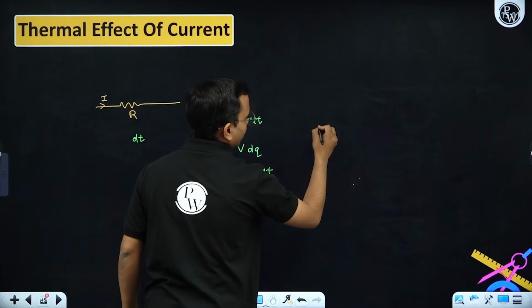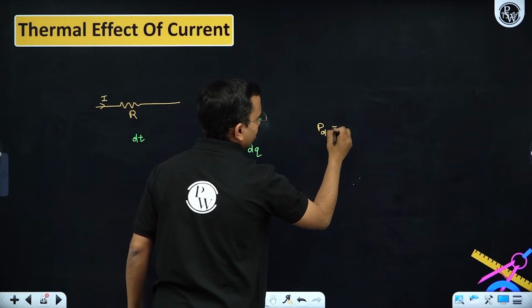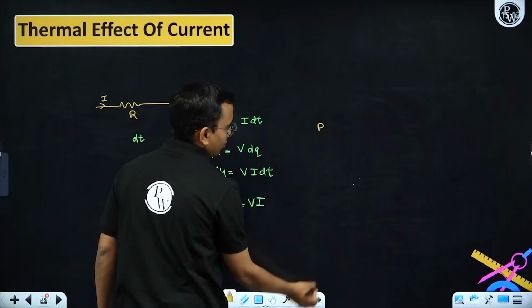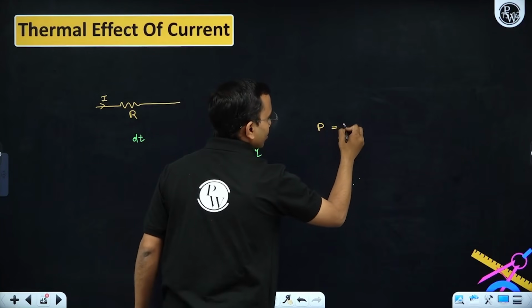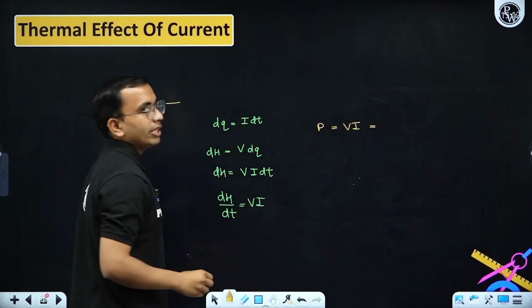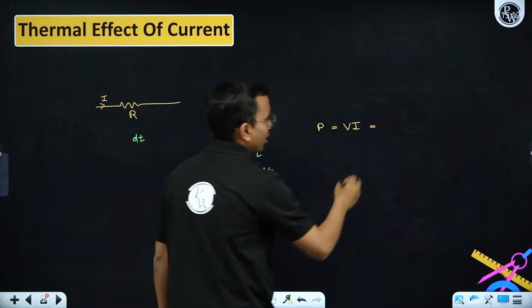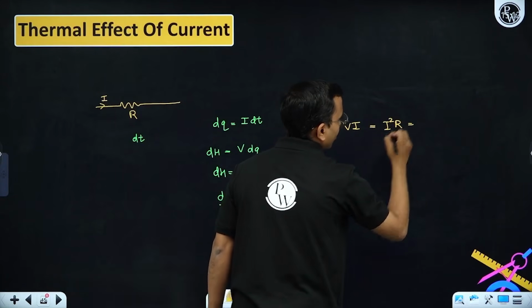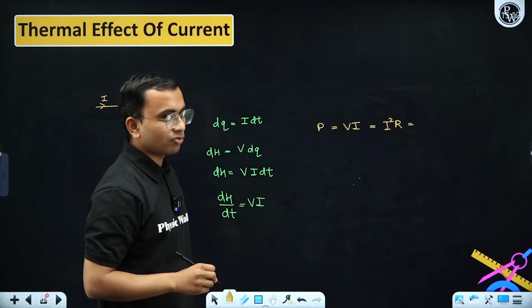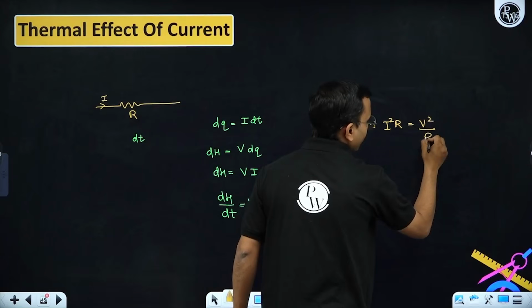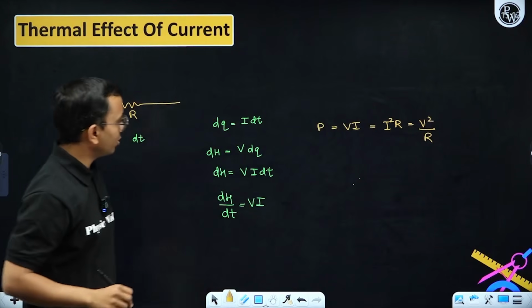So my power dissipated across the resistance, P, is equals to VI, or if I put V equals IR, it will become I square R, or if I put I as V by R, this will become V square by R. So this becomes the power dissipated.